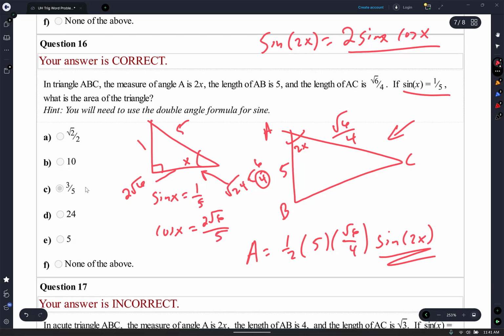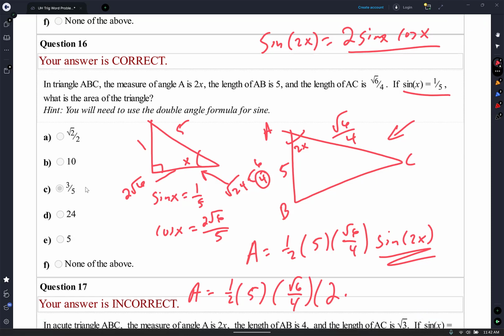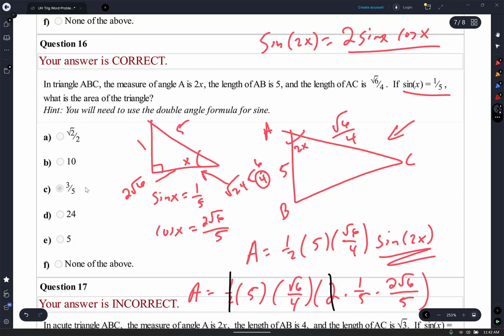All right, let's plug everything in. Area equals 1/2 times 5 times square root of 6 over 4, times 2, times, let's do the sine x first, 1/5, times 2 square root of 6 over 5. All right, let's see what we can cancel out. I see a half and I see a 2, out. I see a 5 and I see a 1/5, out.